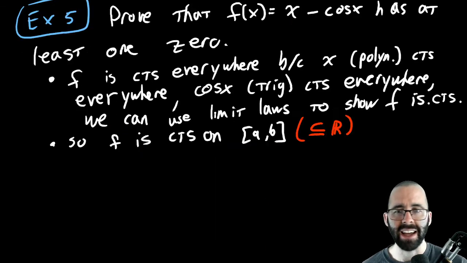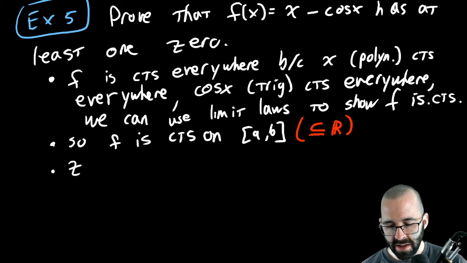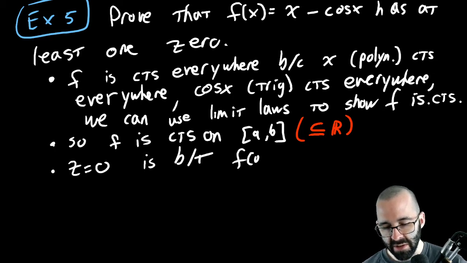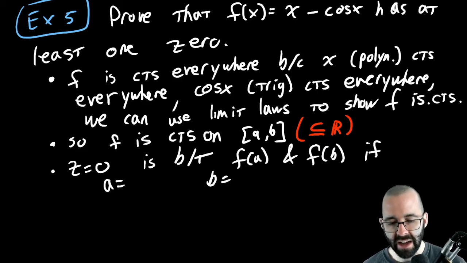We don't even have an a and a b yet. We need an a and a b. z equals 0 is between f of a and f of b, so we need to find a and b.